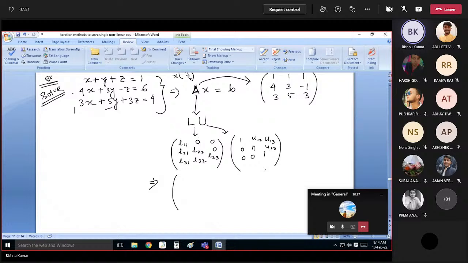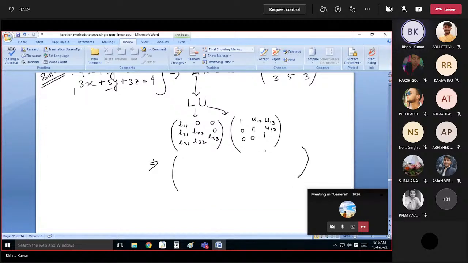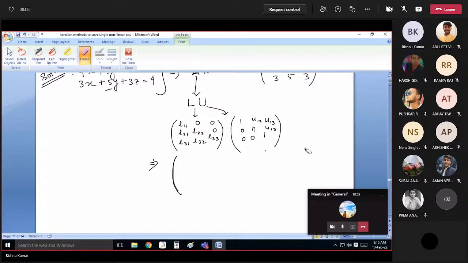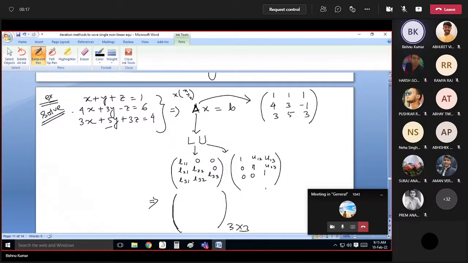After multiplying, do a point-wise comparison with the original matrix, because it will also build a 3 by 3 matrix. Whatever matrix you get here is also a 3 by 3 matrix, and that is nothing but A. So you do a point-wise comparison with the original matrix A. You will be able to calculate every numerical value of these variables, and separately draw the numerical L and U matrices.